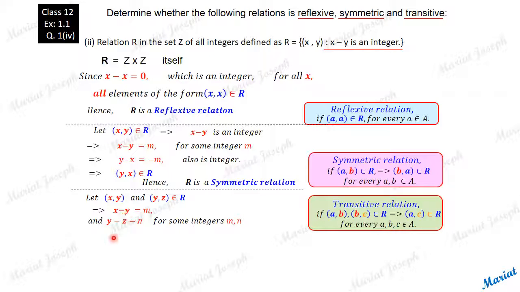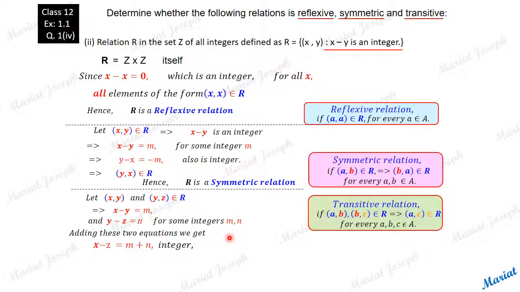If x minus y is m and y minus z is n for some integers m and n, we will try to eliminate the middle element y now. By adding these two equations, we get LHS x minus z, RHS m plus n. So we get x minus z is equal to m plus n, which is also an integer.